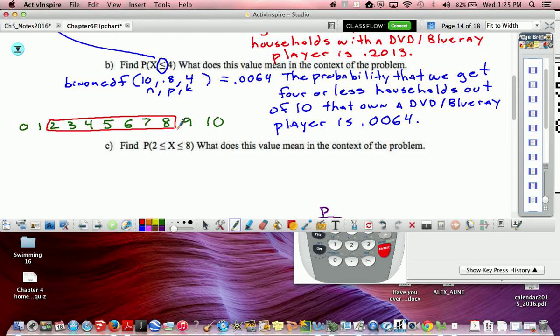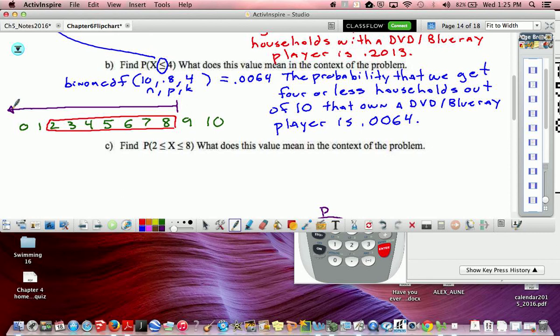Now, there isn't a simple binomial function on our calculator that does the in-betweeners. Bummer. However, we can use the functions that we have to get this. It will just take a couple of calculations. First of all, how do I get all of the outcomes that are 8 or less?